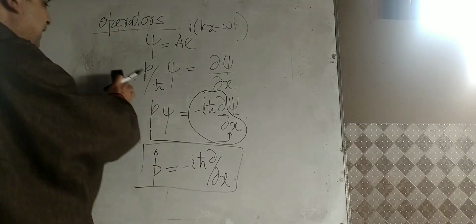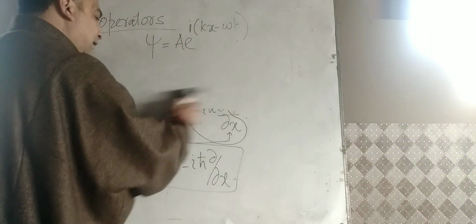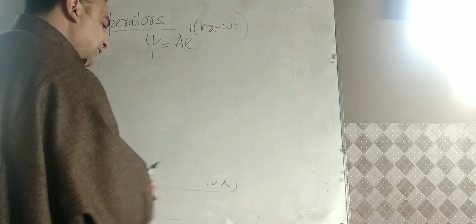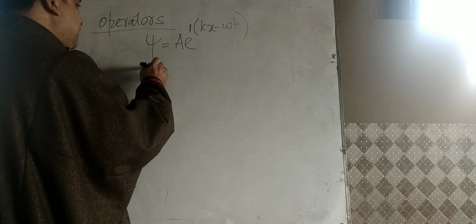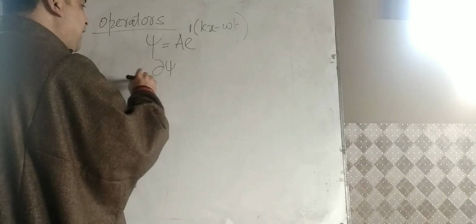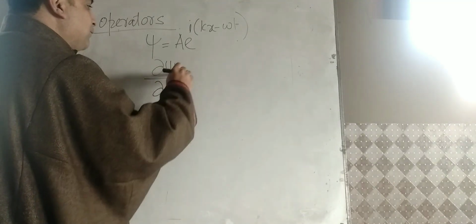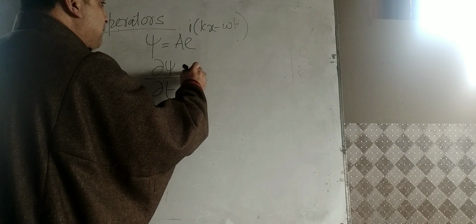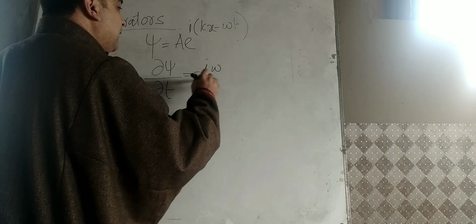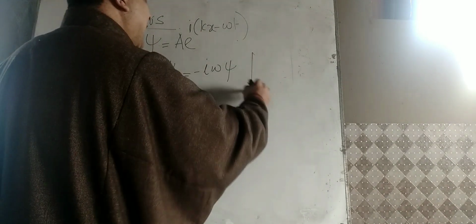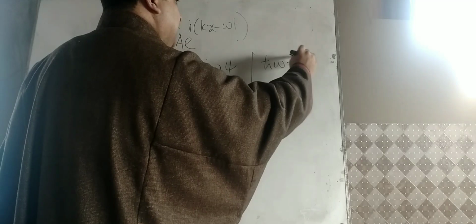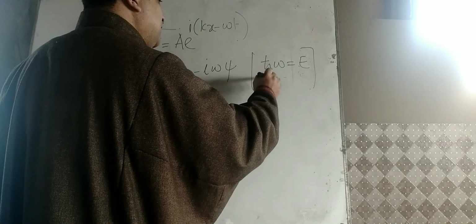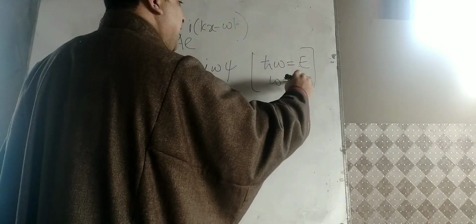Now, similarly, we will look for another important operator, which is called the energy operator. If we take the partial derivative of this function with respect to time, we will get minus i omega psi. As all of you know, h bar omega is equal to E. So what is omega? Omega is E by h bar.